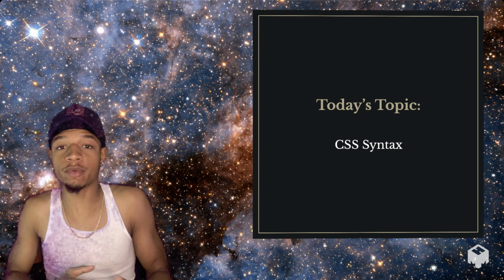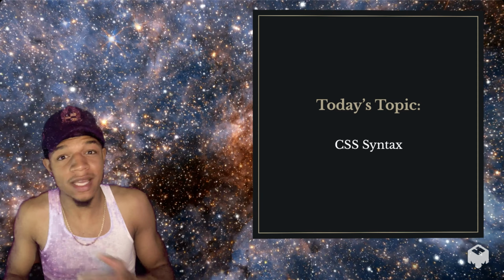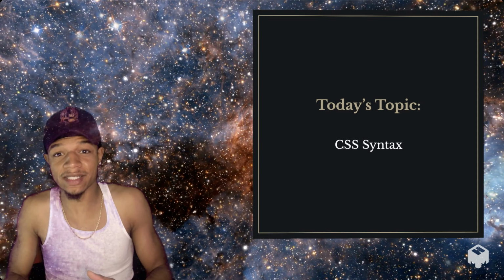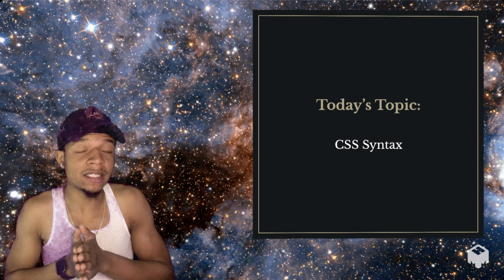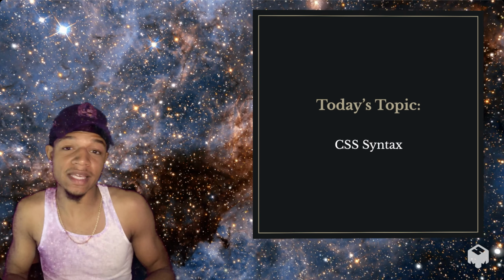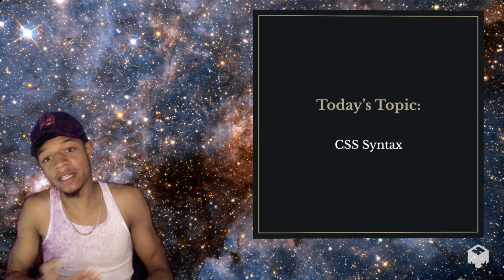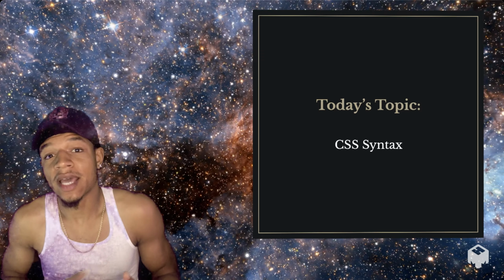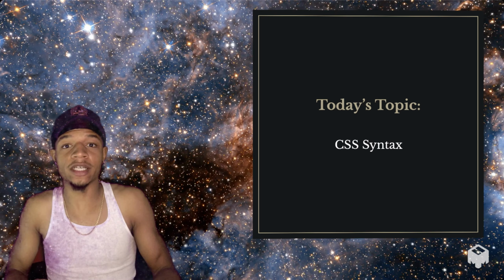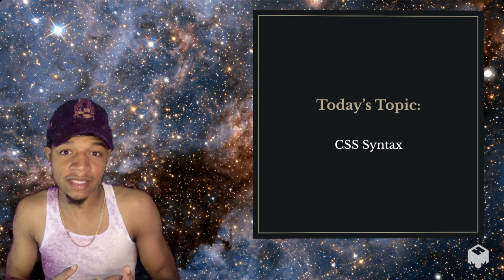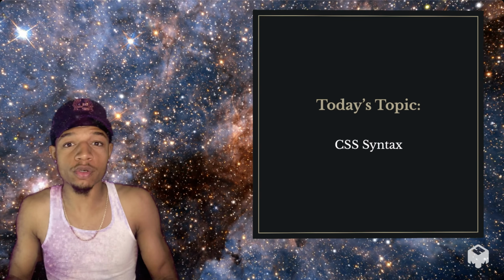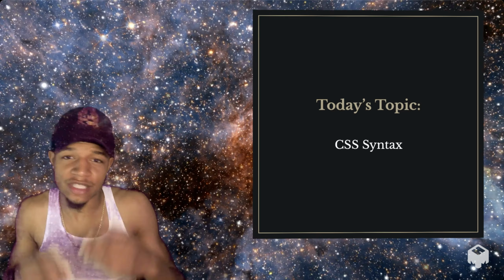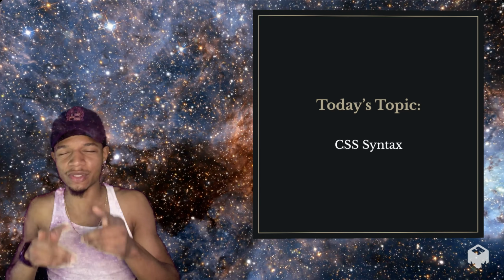But the web page that we were building had no CSS or styling to it. The reason we didn't have any styling is because we didn't have cascading style sheets added to our project. But before we can get into adding cascading style sheets into the project, we need to understand the syntax, which is another word for the rules for writing CSS. And so that's what we're gonna hop into today.